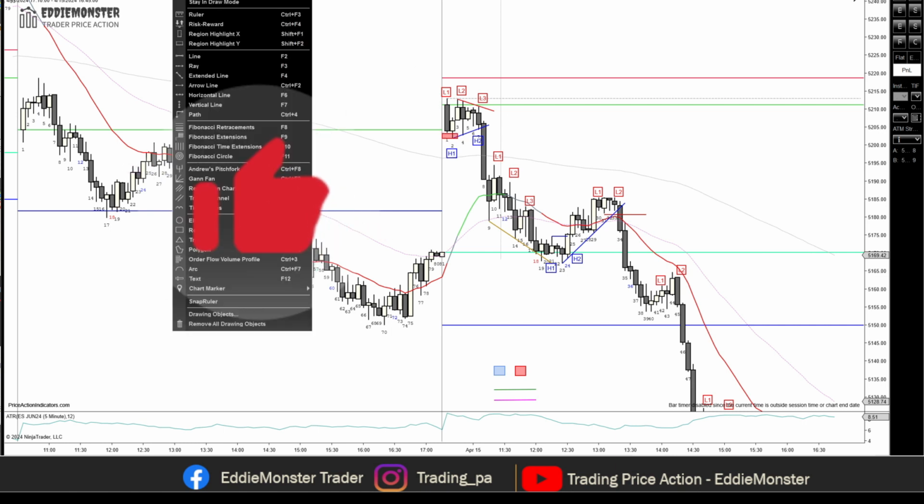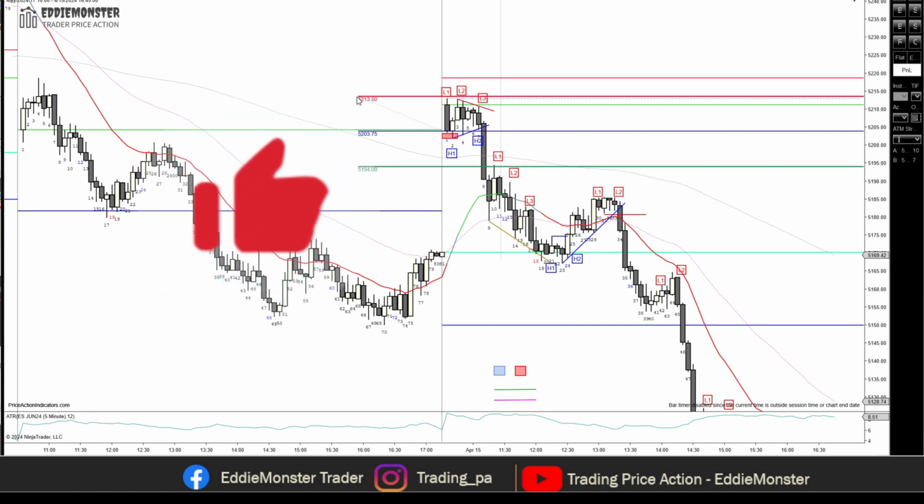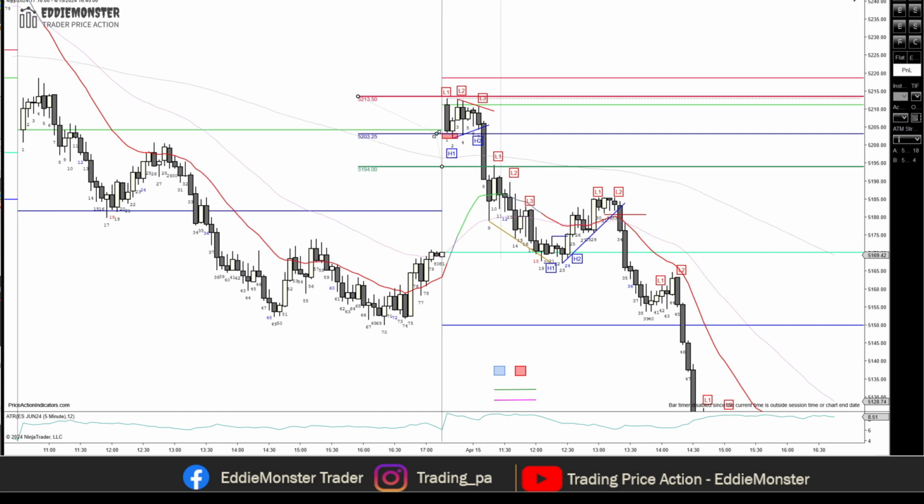Put the stop above this one, or a little bit higher. And we're talking about, this is the first trade, right? We're talking about a trade with a 10 point stop, which is good.